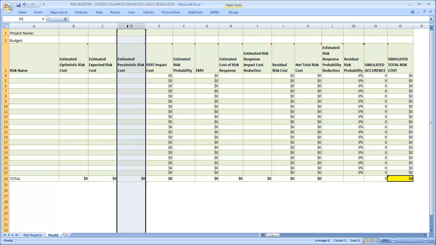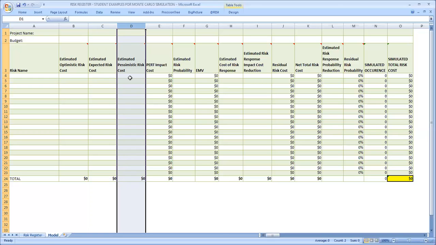And if we have no direct experience with that risk cost, we would have to then do some further analysis to use either bottom-up estimating all the way to analogous estimating. But either way, these estimates are strictly cost-based. They're not time-based.